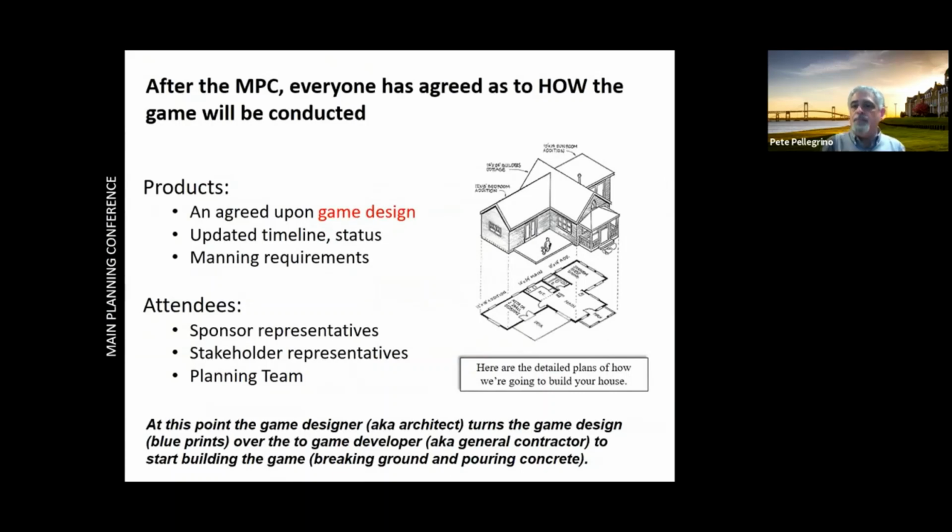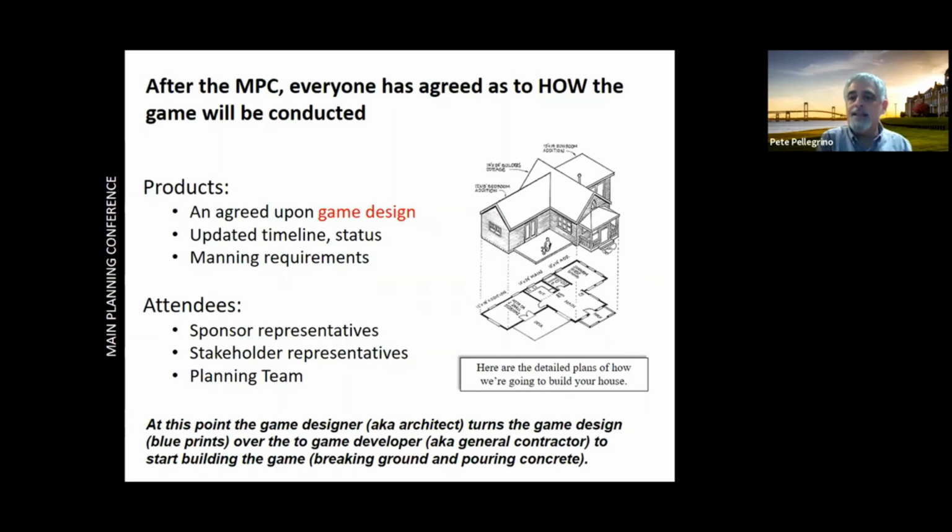So when we come to the NPC, we're looking for the sponsor now to agree that the game design we're about to pitch, or we've just pitched, given the purpose and the objective, here's why we believe this game design will achieve the desired end state for you. I'm selling my design. I'm selling my blueprints here. I've got some beautiful architectural drawings and watercolors of this fabulous home we're going to build you.